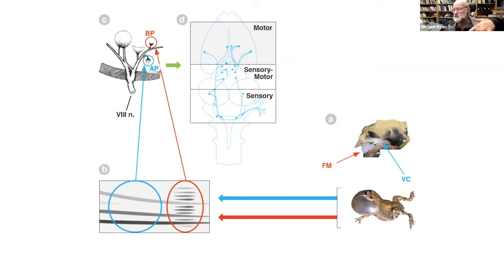Then when you go to the sensory motor system, in areas where decision-making happens, such as some areas of the hypothalamus, we also see population coding for these more attractive calls. That information is then fed forward to the motor system, where we also have evidence for enhanced neural responses.